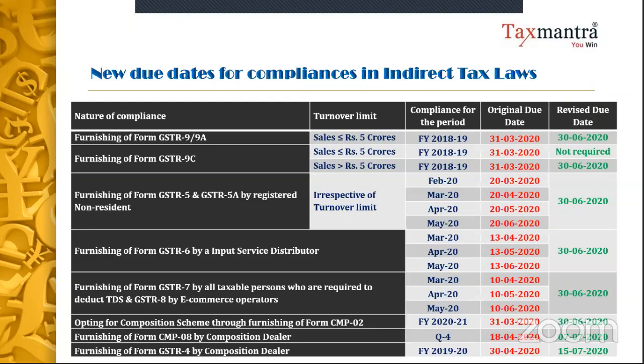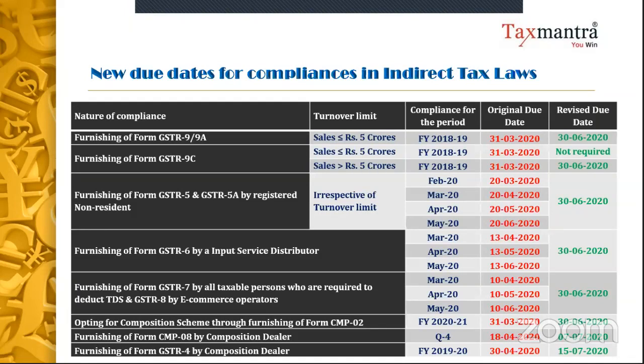There is no turnover limit, but it is a monthly return for the months of February, March, April, and May. The earlier due dates were 28th of March, 28th of April, 28th of May, and 20th of June. Now it has been extended to the 30th of June.